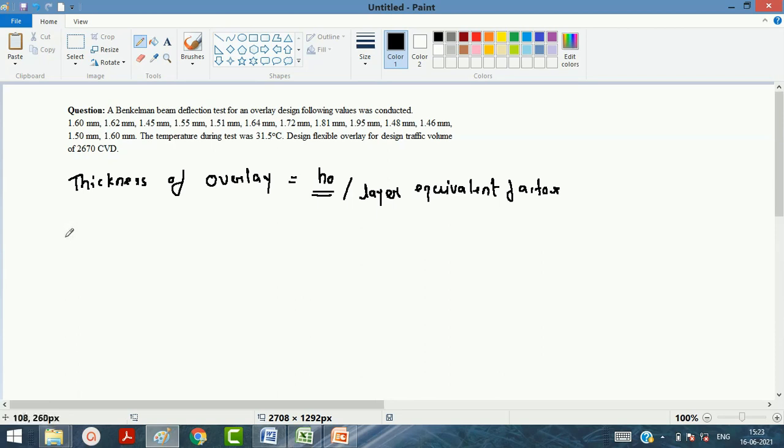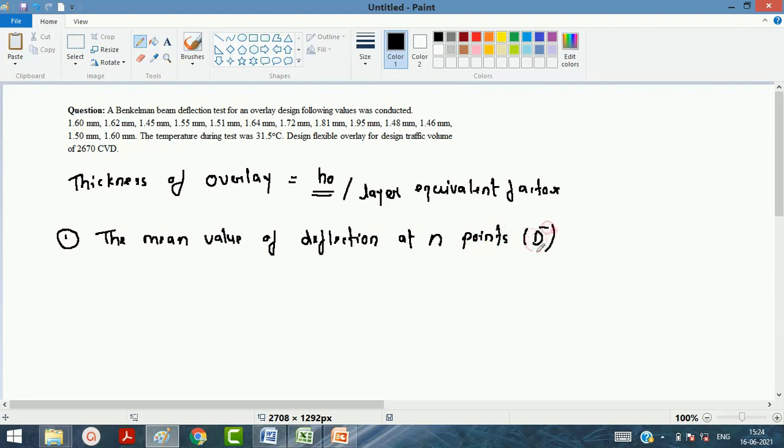Very first step is we have to know the mean value of deflection at endpoint. It is denoted by d bar. So d bar is equal to summation of d divided by n.